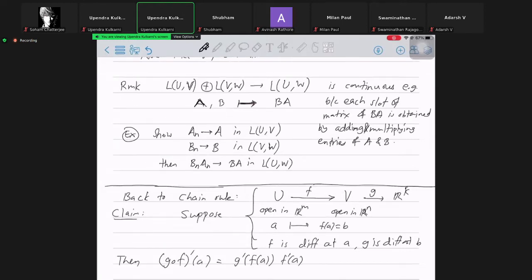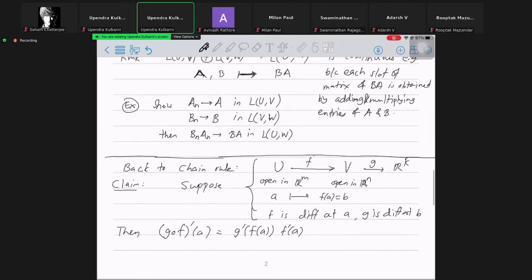Of course, the times really has to be understood properly. So maybe I should really say this is composition, because F prime of A, so note, what kind of animal is F prime of A? Come on, F prime of A is what kind of gadget? It's not a number. It's a linear map.